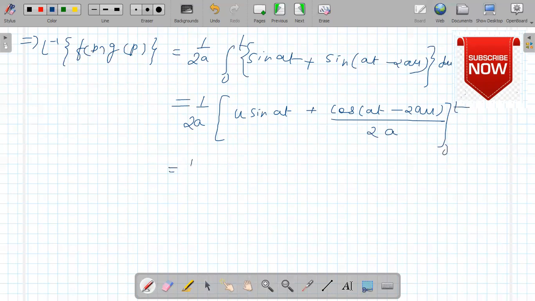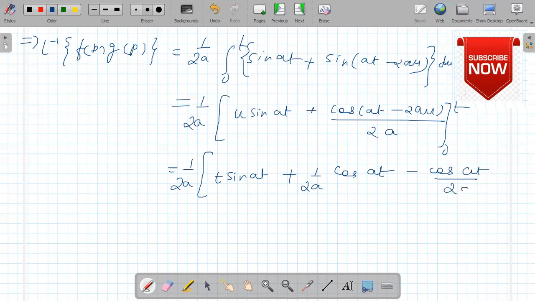So t sine at plus cos of at minus 0, and this is cos of at by 2a. So this just cancels, and we have 1 upon 2a into t sine at, which is the answer.